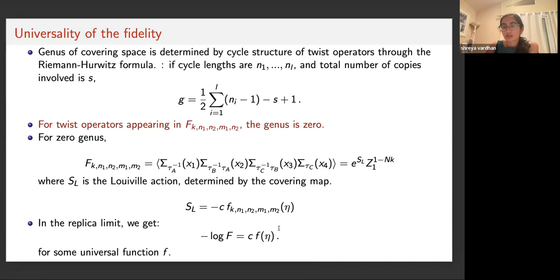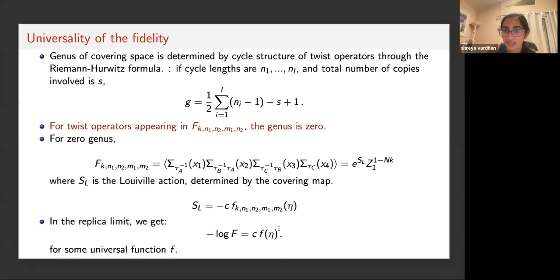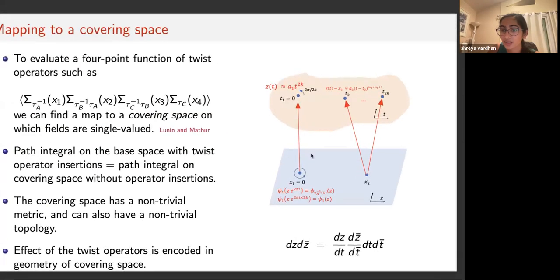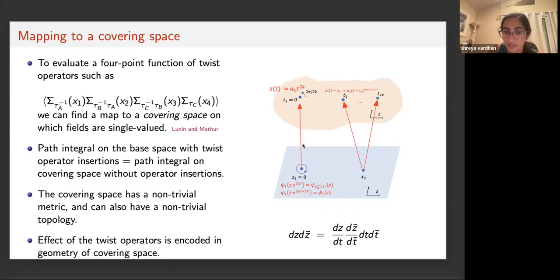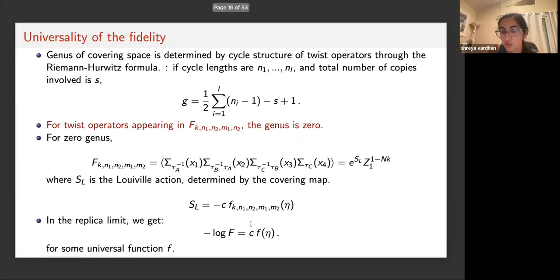So of course, by definition, this fidelity should not depend on the choice of lambda, right? Exactly. So because this covering map is essentially determined by the cycle structures, it seems from this argument like whatever function you get from this should not depend on lambda.